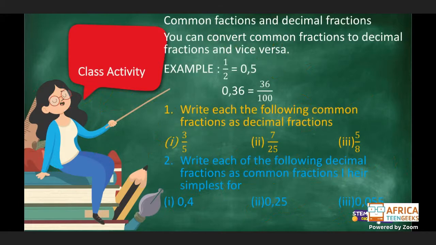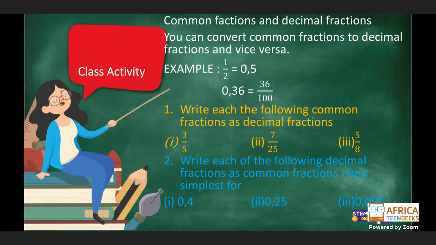So for our class activity, guys, you remember we did common fractions. Now we are going to convert common fractions to decimal fractions. You can convert common fractions to decimal fractions and vice versa. For example, we have 1 over 2, which is in decimal, guys.